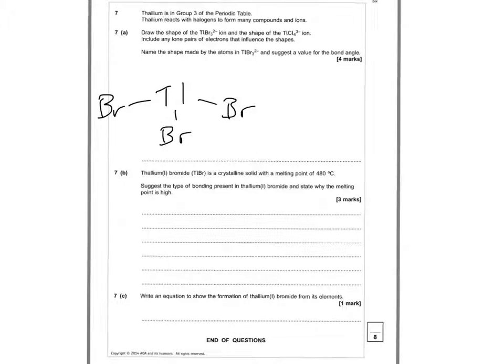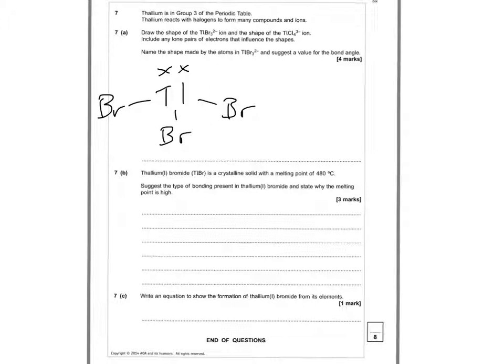But then it says it's 2- because thallium's in group 3, so actually all 3 of its electrons have been used up. The fact that it's 2- means that we know it's gained 2 electrons. So actually it will have a lone pair. And you get the first mark for that shape, showing 3 bonds and 1 lone pair.